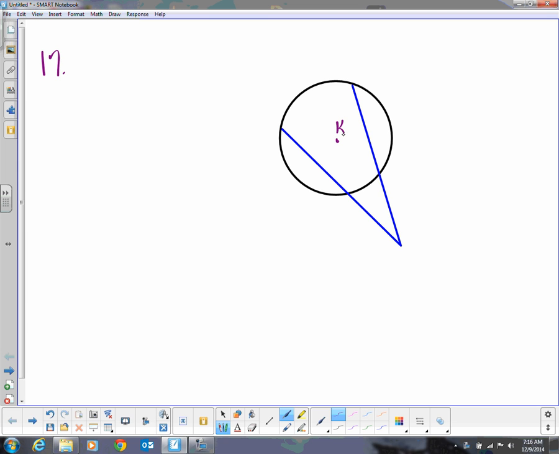All right, so it says MV, which is this whole thing, is 14. They told us that MO is 6. Now, if this is MO, if this is 6, what is this outside segment? 8, because the whole thing is 14. They told us VR is 9.